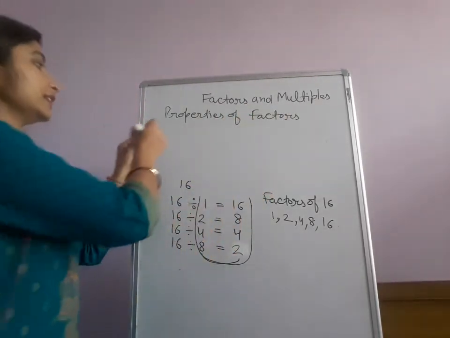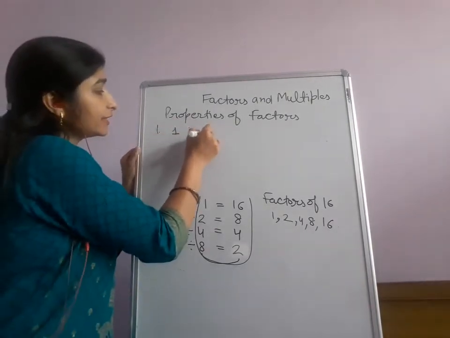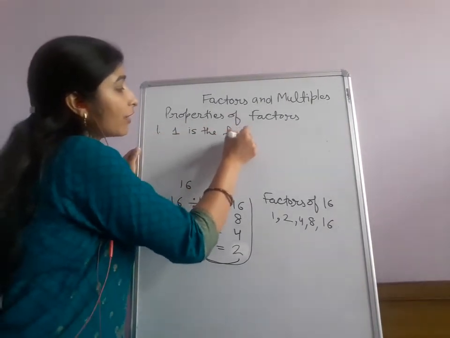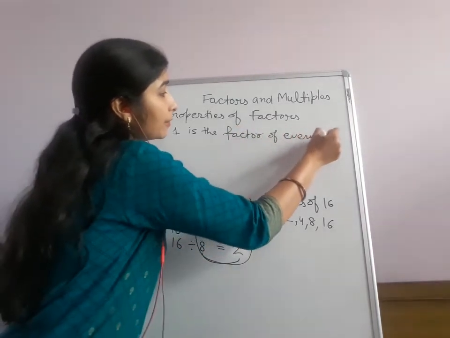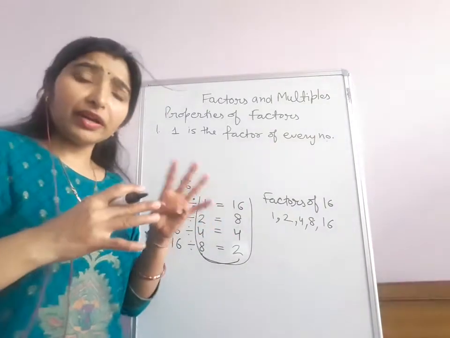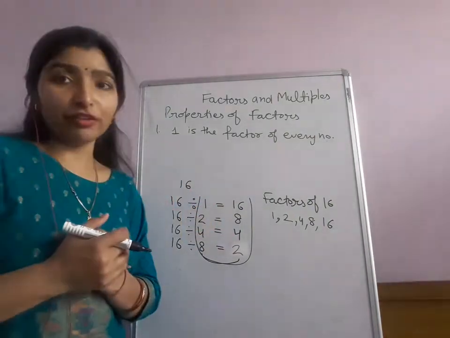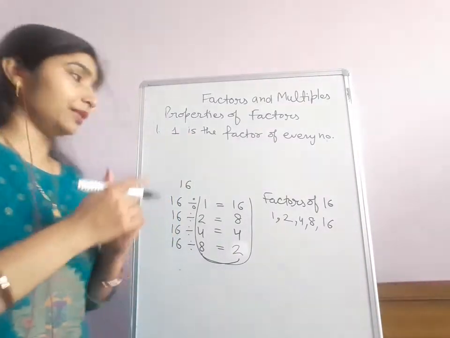Now, first, 1 is the factor of every number. Now see, every number, whatever the number, every number is divisible by 1. So 1 is the factor of every number.